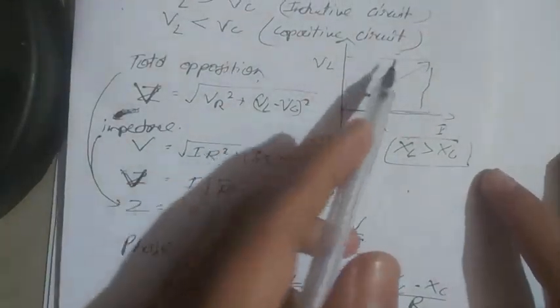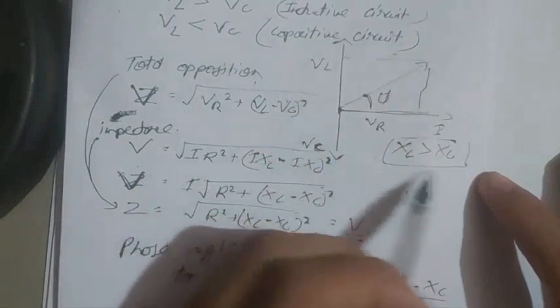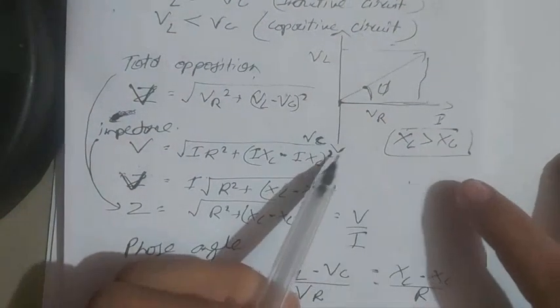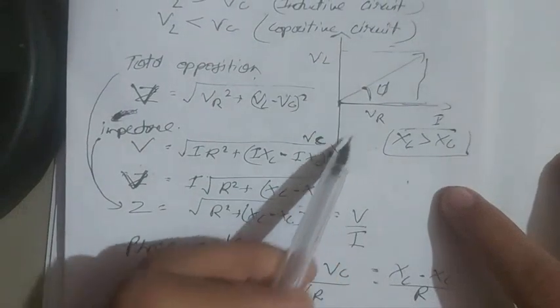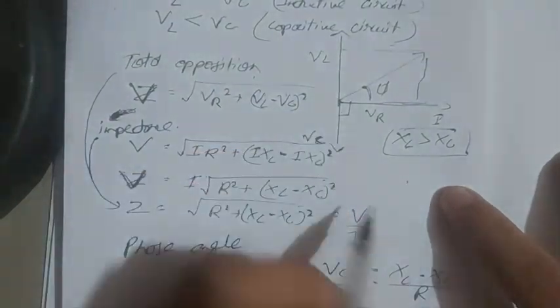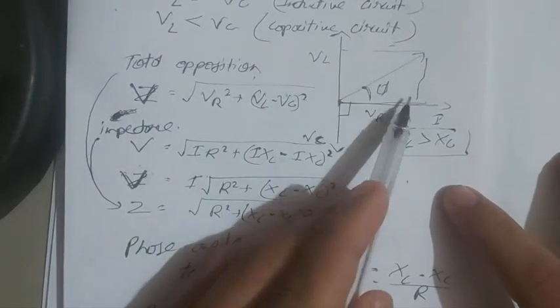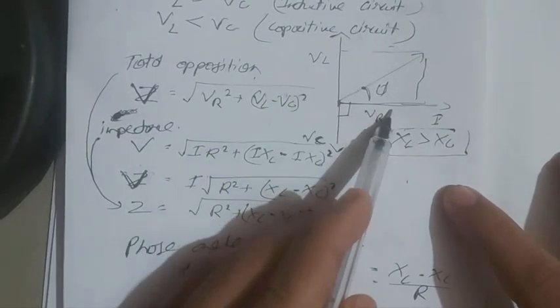So this phasor can be created with the help of the phase difference which we obtained in the individual circuits: current is leading the voltage in the capacitor and current is lagging the voltage in the inductor.